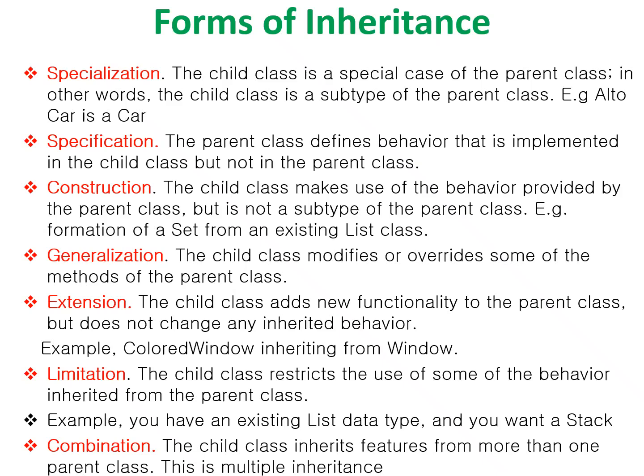Limitation: the child class restricts the use of some of the behavior inherited from the parent class. For example, you have an existing list data type and you want a stack. Combination: the child class inherits features from more than one parent class. This is multiple inheritance.